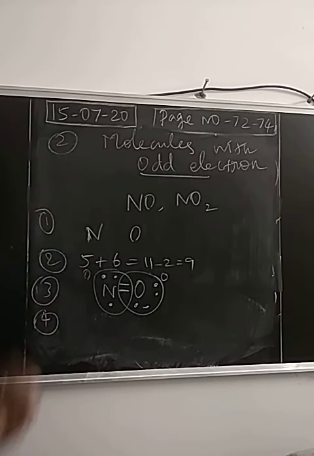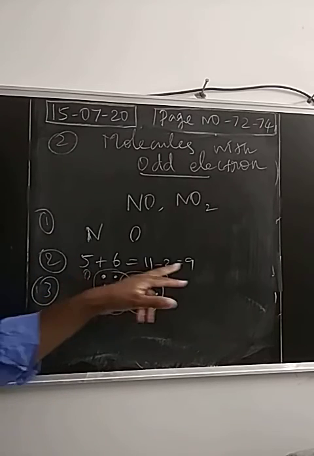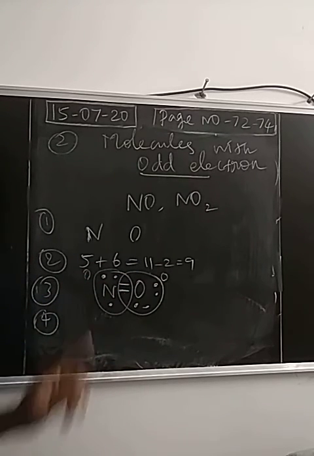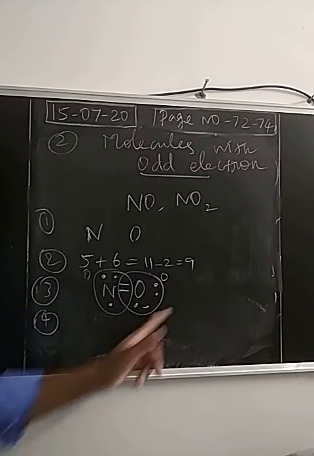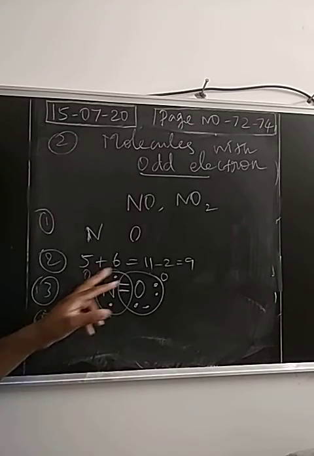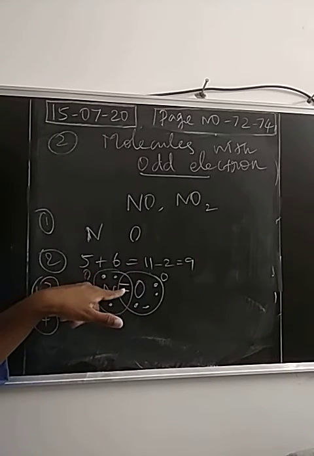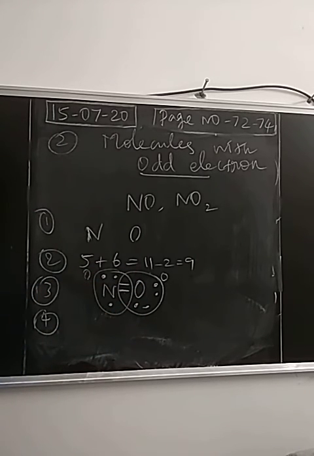So for nitric oxide, we draw the Lewis dot structure. First the skeletal structure, calculation of valence electrons as 11, 2 electrons utilized as a single covalent bond, remaining 9 electrons placed as lone pairs. To get 8 electrons around nitrogen, 1 lone pair is shifted as a double bond.